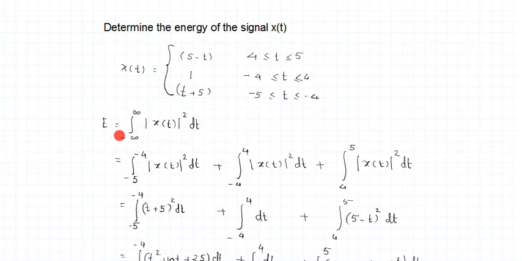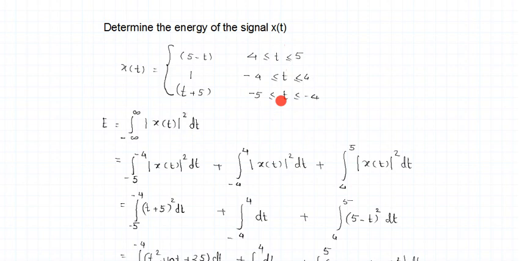To simplify this energy equation, look carefully at the way the problem is defined. We know that the problem is defined for three different time periods, outside of which x(t) is 0. So we need to split the integration satisfying the given input.